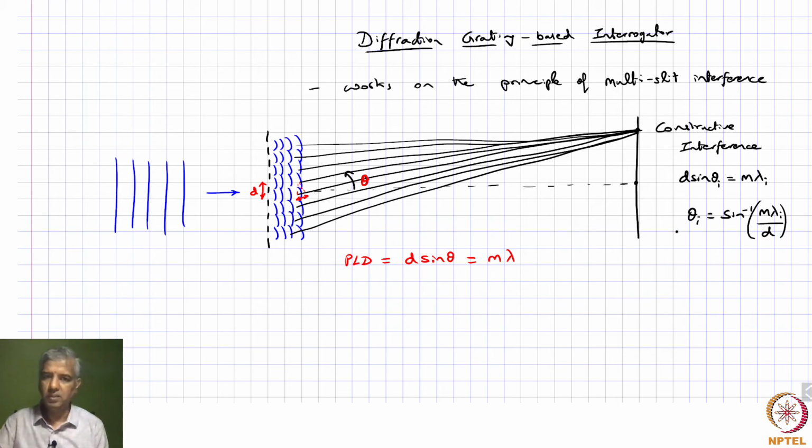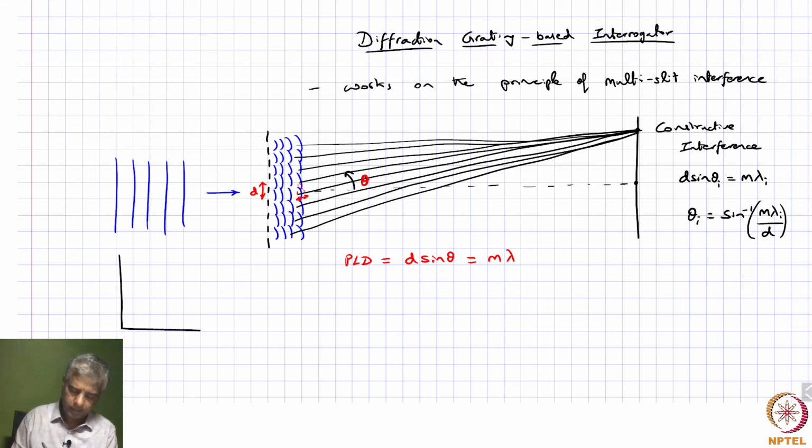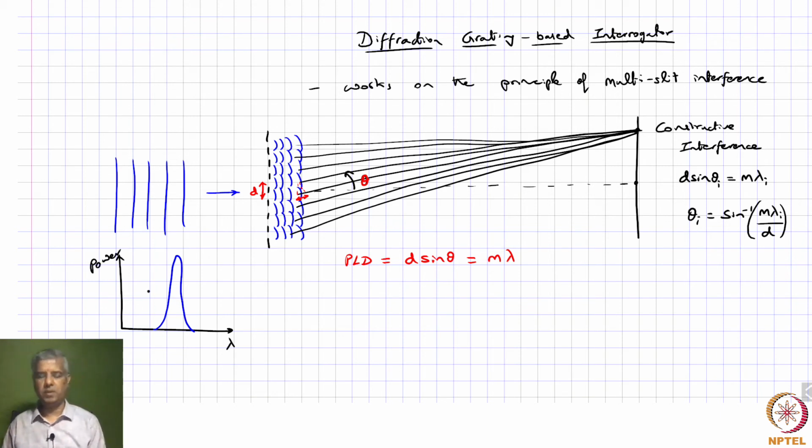What that means is, if your incoming light has a spectrum like this, talking about wavelength versus power, it has multiple spectral components, and each of those wavelengths will have a different angle.